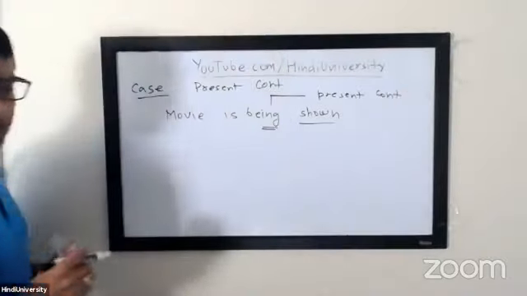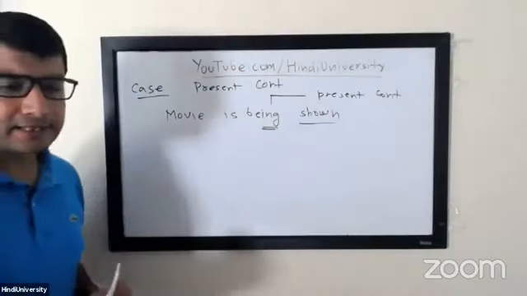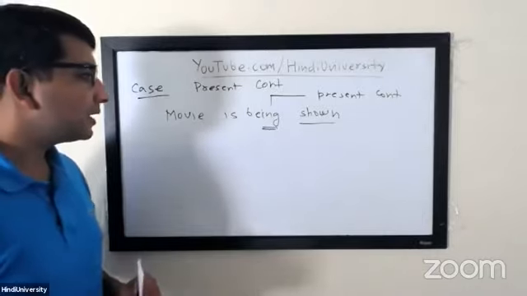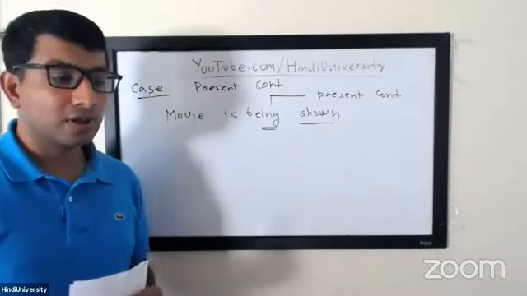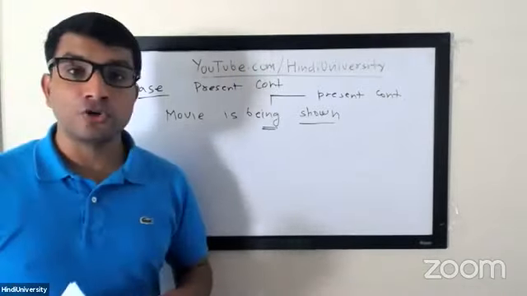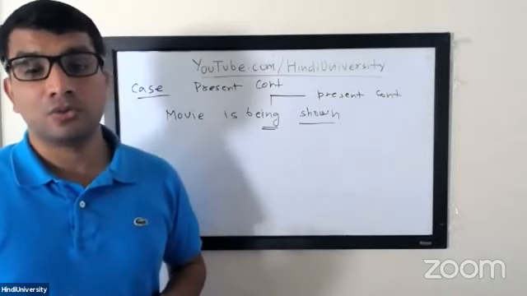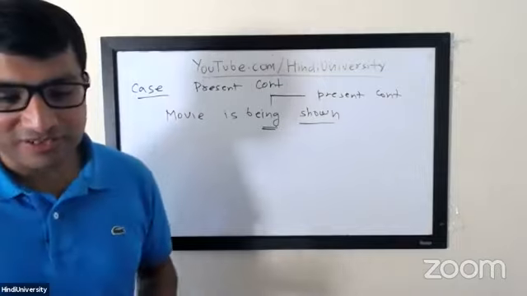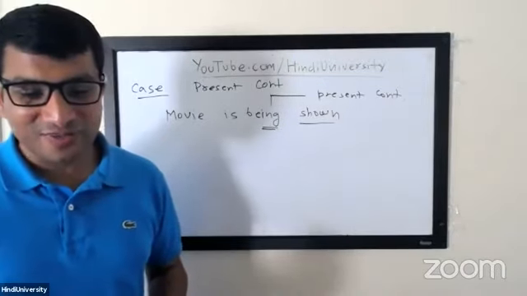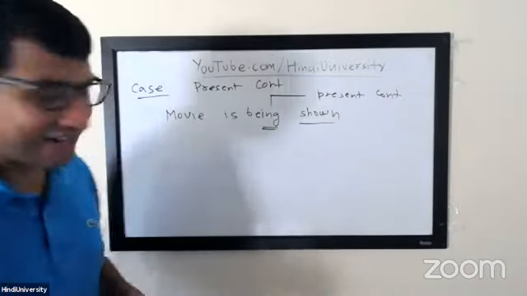Okay, movie is being shown. How do we say that in Hindi? Let's say you want to say that in this place a movie is being shown right now. Okay, Leah ji, you want to give it a try? Don't hate me for that. Give it a try.